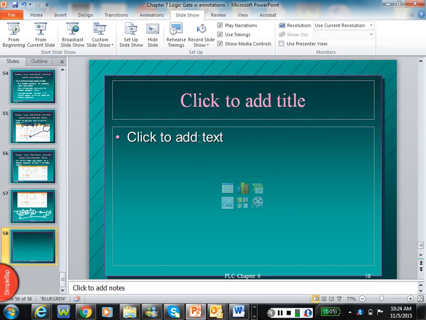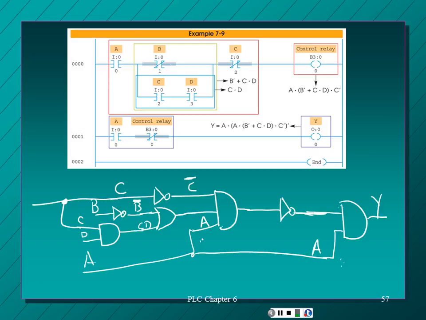There is one other thing that I want to mention. It's actually a Boolean algebra rule.